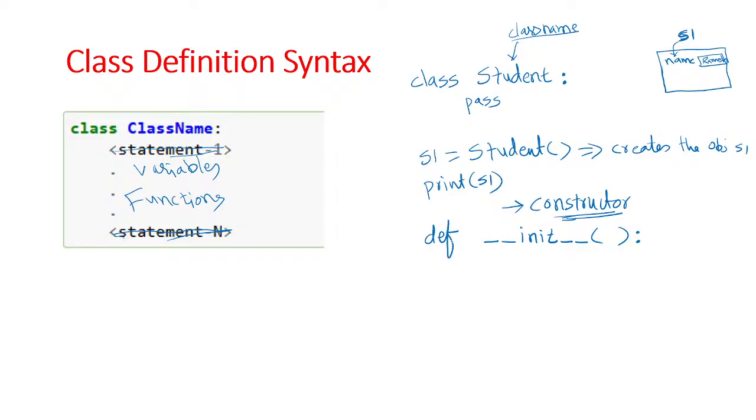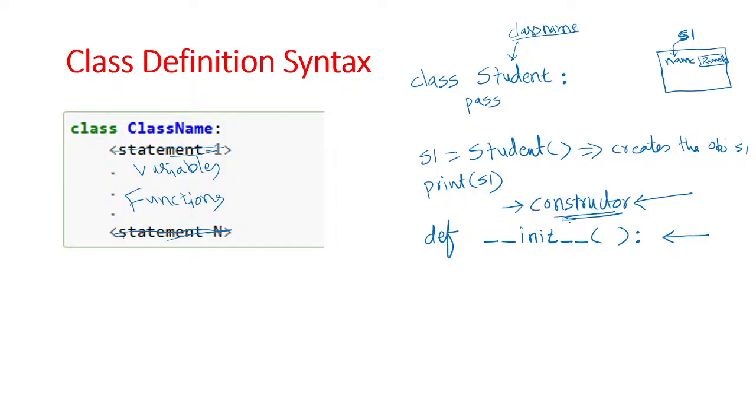In Python, since the constructor is also a function or method, it should be defined with the help of the def keyword. A special method is used in Python. This special method, which we call the init method, is called the constructor in Python. What is the purpose of the constructor? It constructs an object.